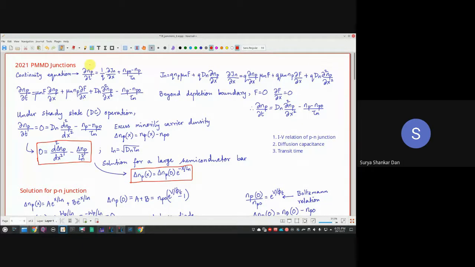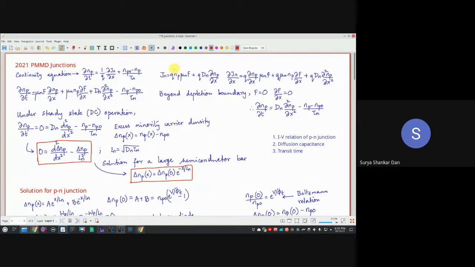It simply means that n denotes the carrier concentration, the electron concentration or electron density, and p stands for the region where it is located. So np means the electron concentration in the p type side of the junction. That is the continuity equation, which we already know.